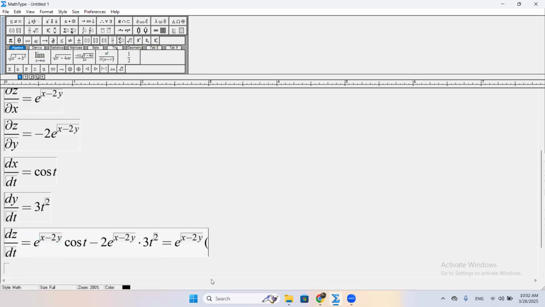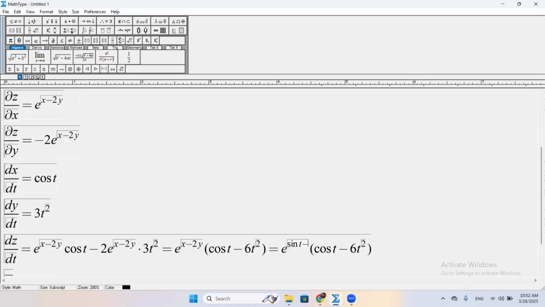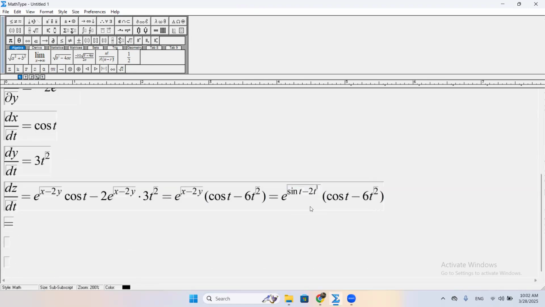Let's move e to the power of x minus 2y out of brackets. In the brackets I will have cosine of t minus 6t squared. And now let's substitute x and y with these functions: e to the power of sine of t minus 2t cubed.